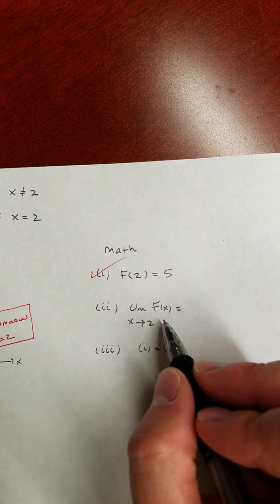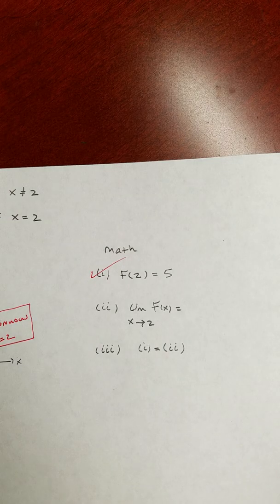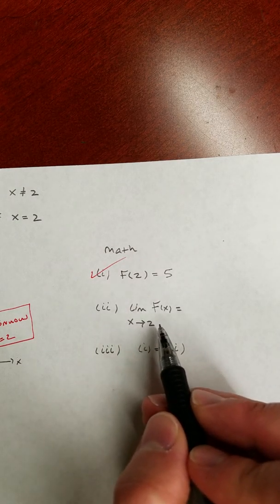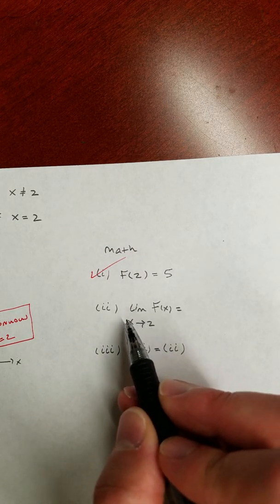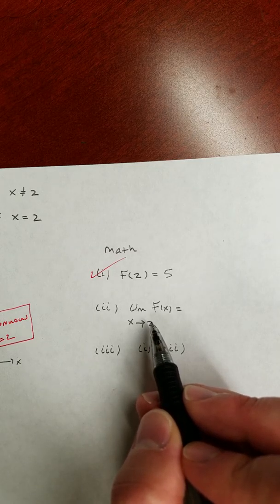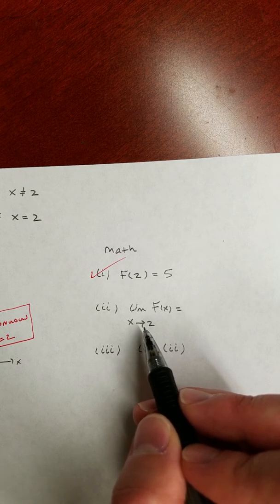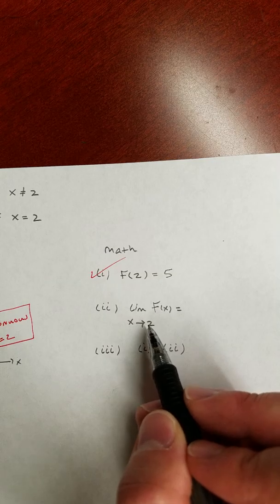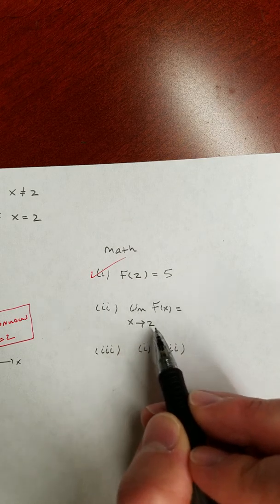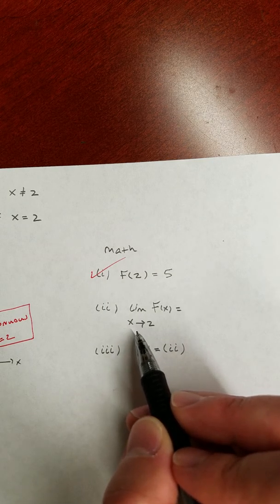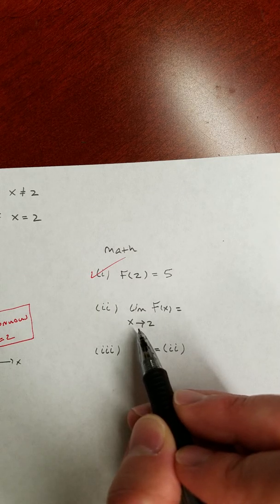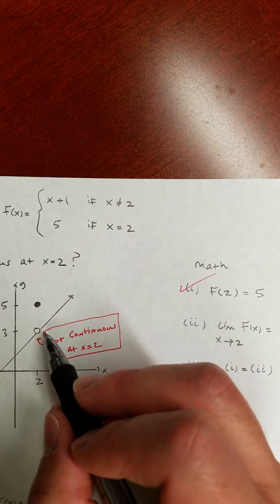What about this one? What's the limit as x goes to 2? So what's that mean? If x was close to 2, 1.9, 1.99, 2.12, close to 2, near 2 but not equal to 2, where would the y's be? Look at this picture.